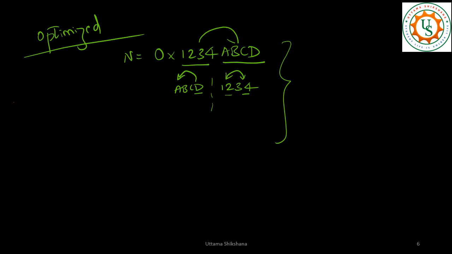Earlier it was 16-bit and 16-bit, now 8-bit and 8-bit. So CD should go, AB should come here, then 3 4 and 1 2. Now within this we should swap these two, which means DC and then BA, so 4 3, so 2 1.